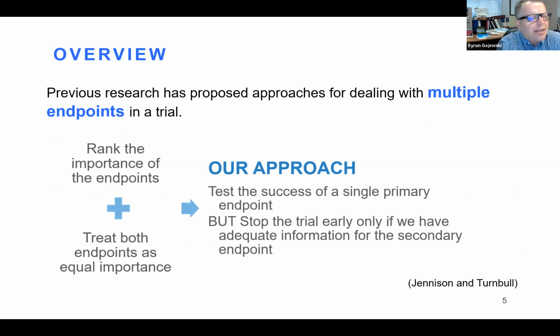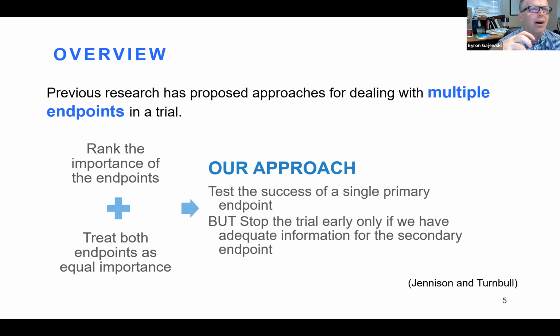So how do we tackle this problem? We have this primary endpoint and we have this secondary endpoint that we want to highlight in the trial design. So one could rank order the importance of the endpoints. These are ways in which multiple endpoints can be handled in a trial.